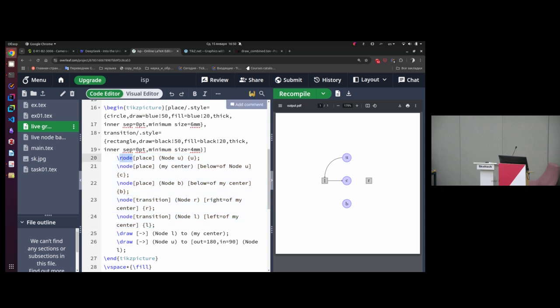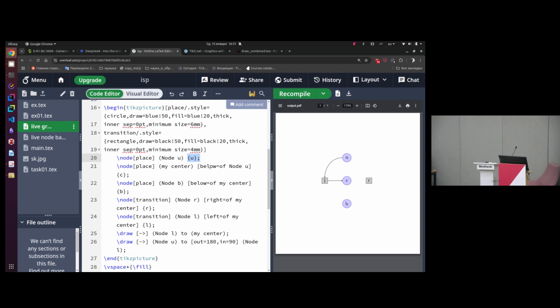We use the command node, then the style, or we can just write it manually with which color to fill, which color the border, shape, size, and so on. Then we have the name of the node. In this case, the name will be of two words. In the previous parts, we had names with only one letter. Now we have a longer name. And then we have the text that should be printed inside the node.